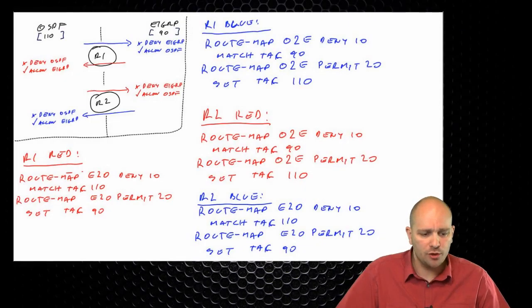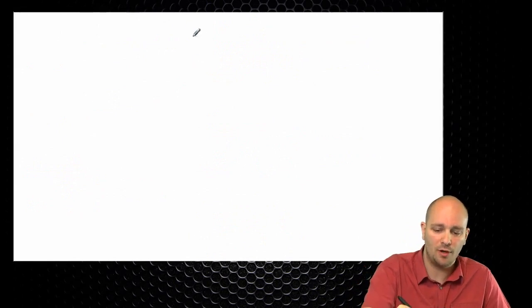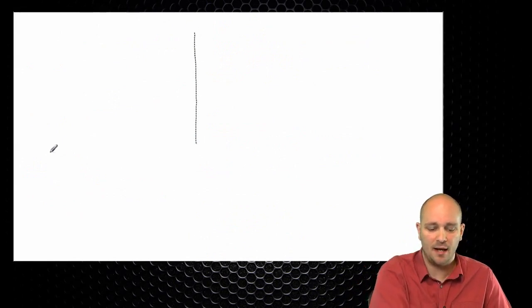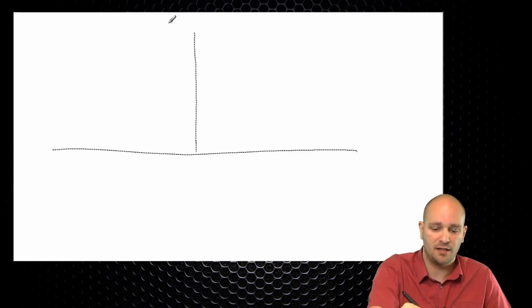When we have more than 2 protocols involved in our redistribution scenario, things are a little bit more complicated. So let's take a look at that example. I'm going to have now 3 protocols, and again, I'm going to simplify my scenario here. I'm just going to divide my network into 3 parts. I'm going to have 3 routers doing the redistribution.